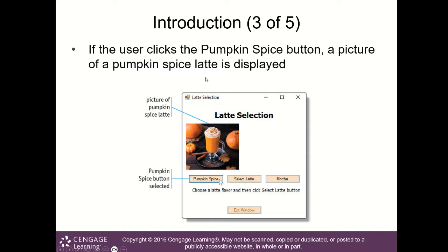Then gradually we will be adding these pictures. Let's say we will be adding different selections, like you have here two different flavors of coffee, pumpkin spice and mocha. Once the user comes here and selects pumpkin spice, this picture should be popping up.